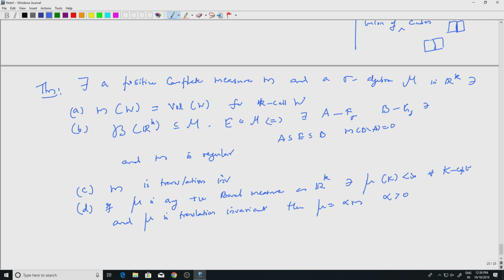So, this is like the uniqueness of Lebesgue measure. Any reasonable translation invariant measure is a multiple of the Lebesgue measure, there is nothing else.